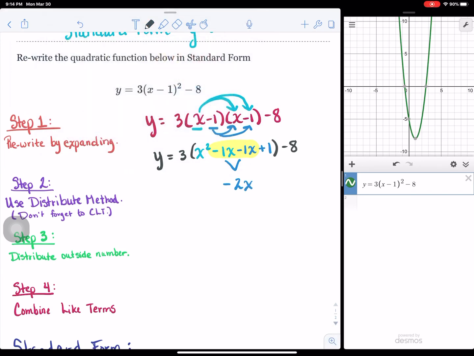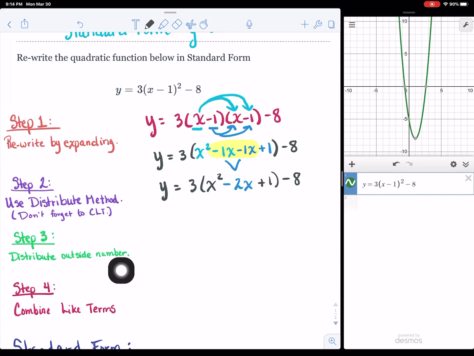Now I'm going to bring the rest of it down again. Now I'm done with step number 2. Going to step number 3.